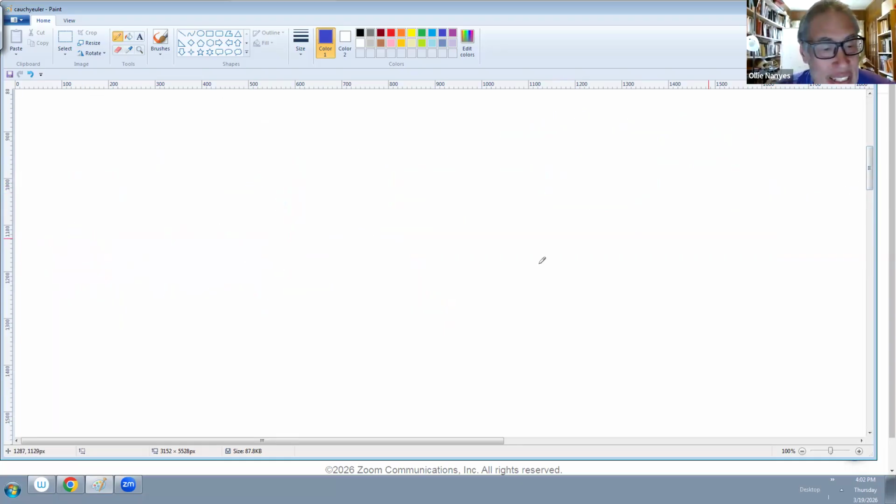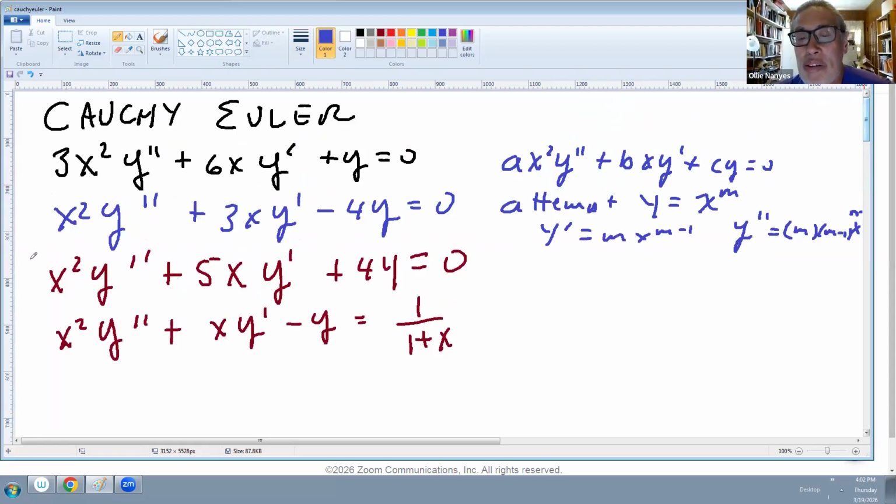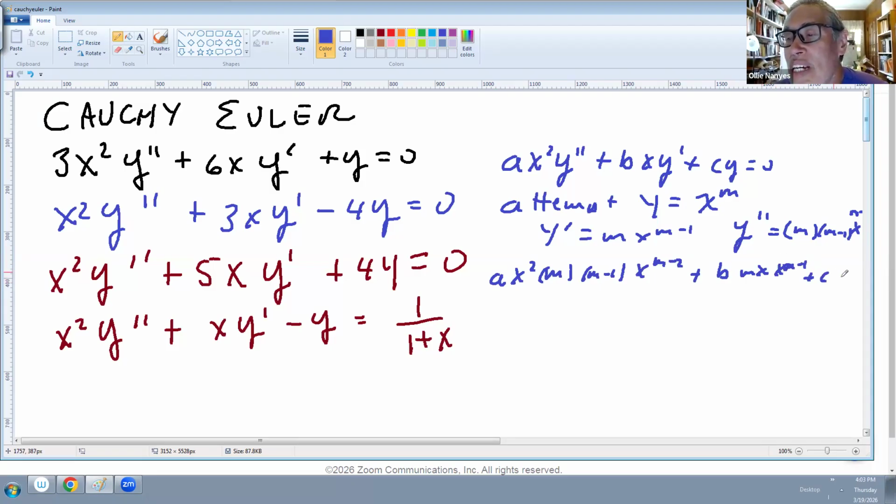I kind of didn't organize my work here. Generally speaking, if you dump this into the differential equation, you'll get a x squared m times m minus 1 x to the m minus 2 plus b m x to the m minus 1 plus c x to the m.